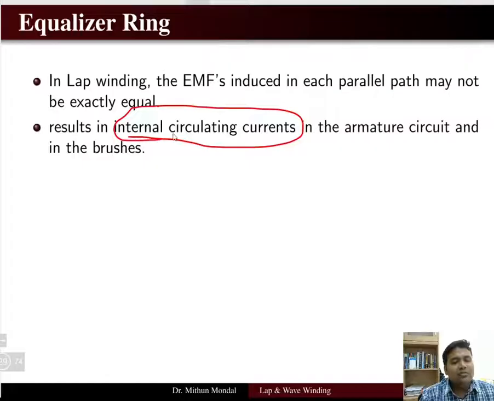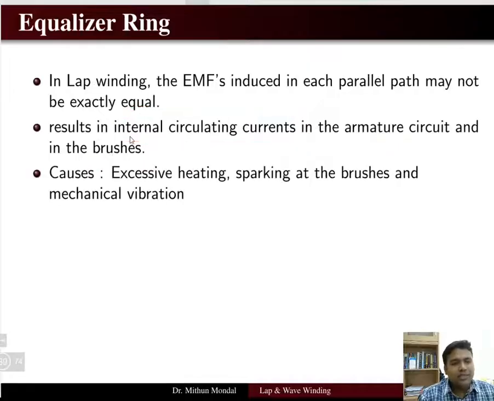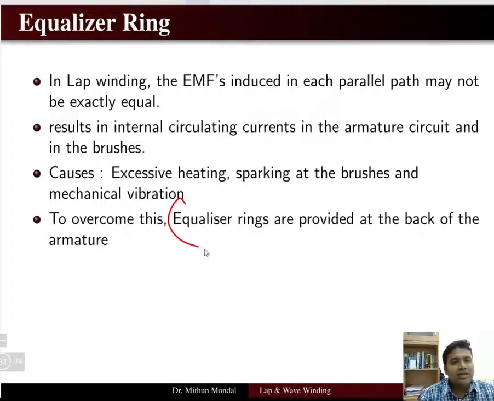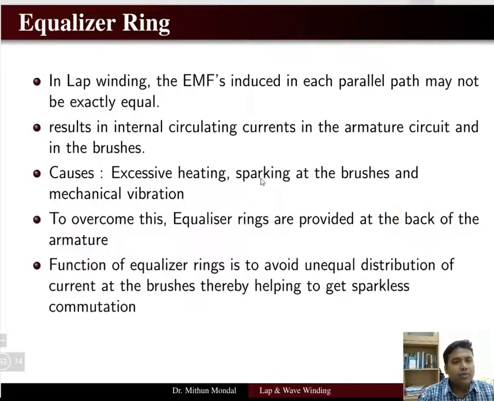So since the EMF is not equal, internal circulating current will be there in the armature circuit and in the brushes. This can cause excessive heating, sparking at the brushes, and mechanical vibration. So in order to avoid that, we connect an equalizer ring at the back of the armature so that the EMFs become equal.